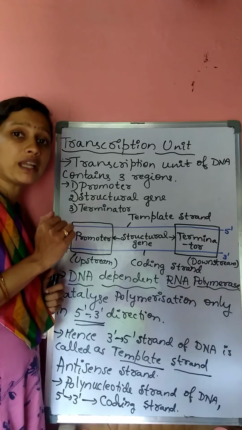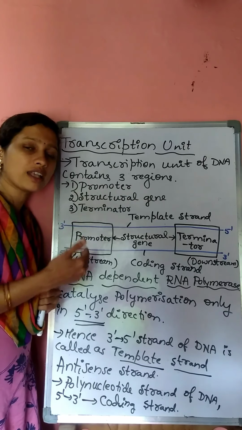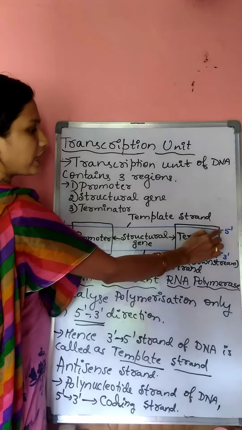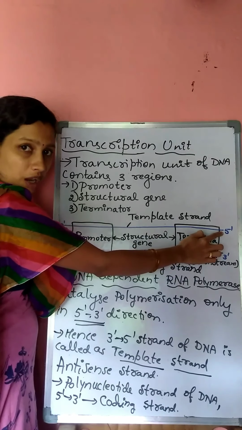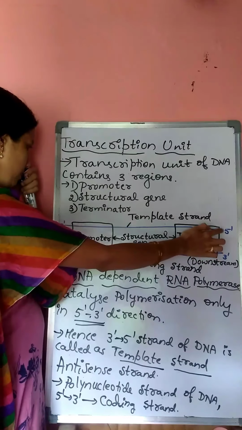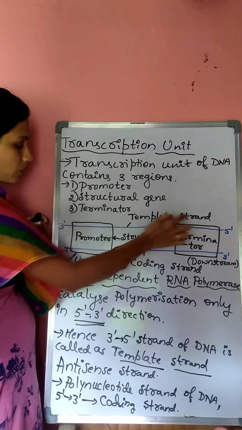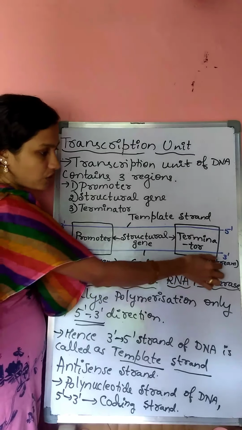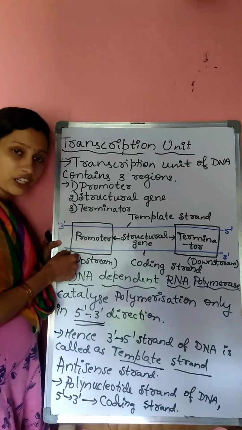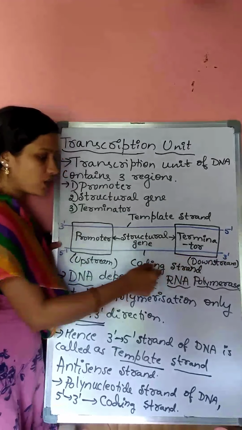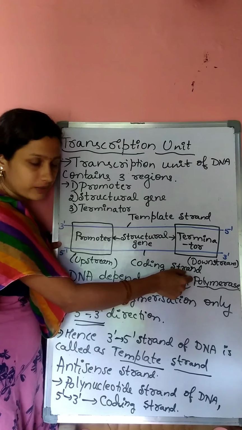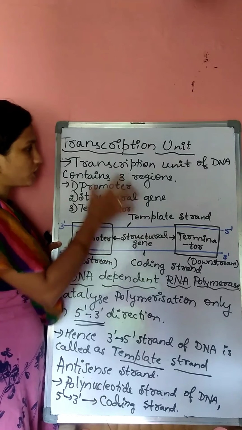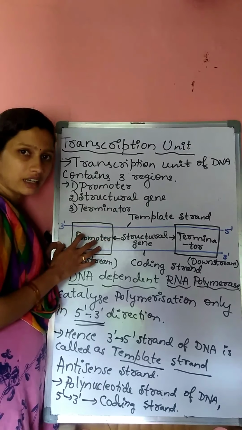It is also called antisense strand. Whereas the other strand of the DNA having the polarity of 5' to 3' is called coding strand. Template strand and coding strand both are present in the transcription unit of the DNA.